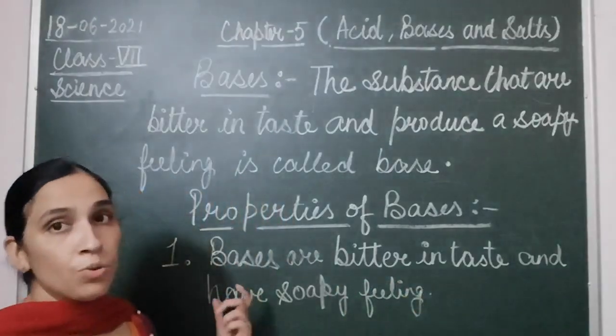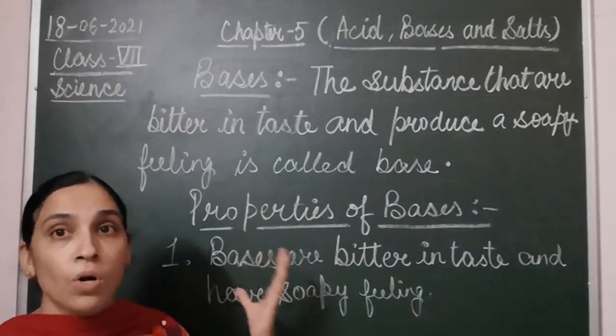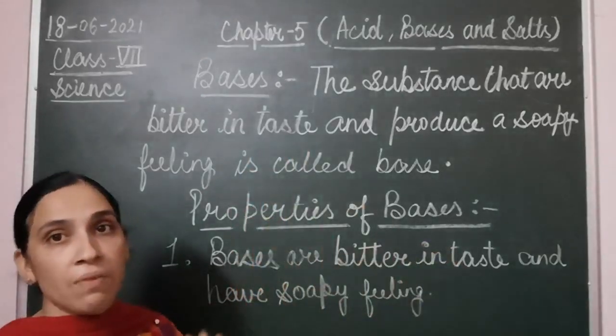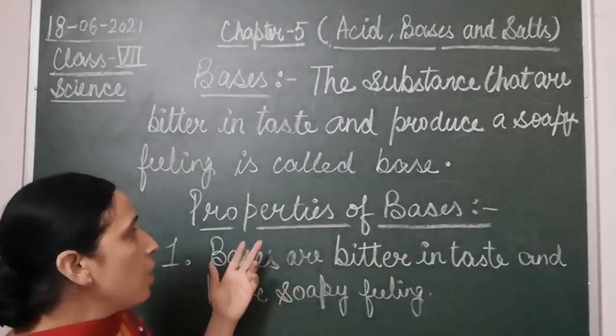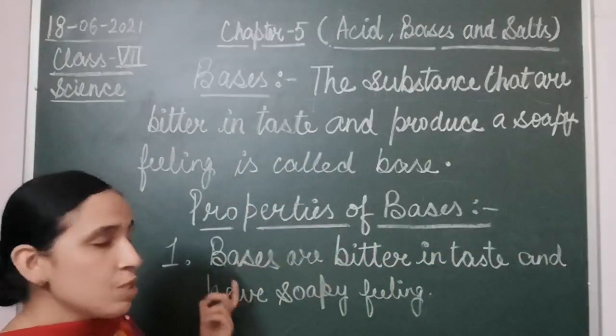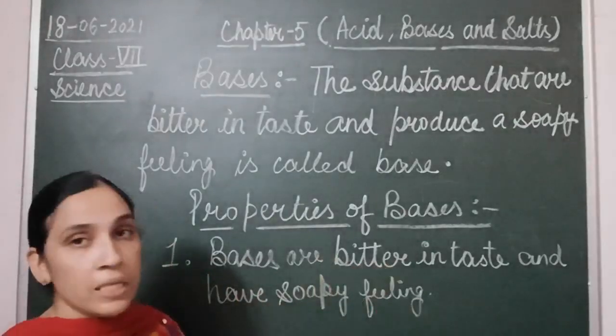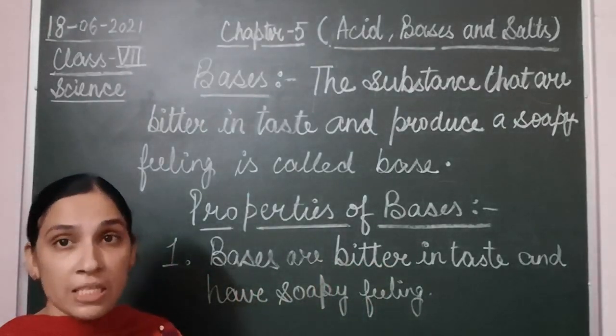So if you want, you can write all these things, whatever I am writing on the board: the definition of bases, after that properties of bases. The first property, which is very important, is that bases are bitter in taste, and you don't need to taste it.